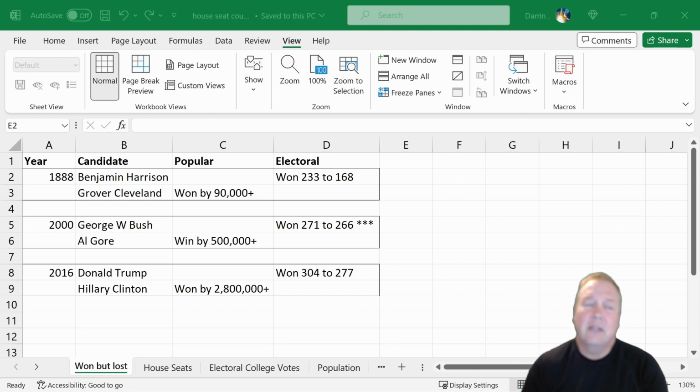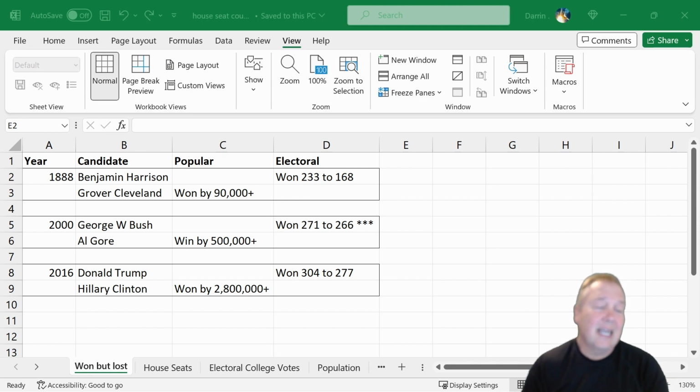Before we go into exactly how much there is and what the impact can be, let's look at what impact this has had in the past. If you look on the screen here, there have been three cases in history, and two of them pretty recently, where the Electoral College winner and the popular vote winner did not match.